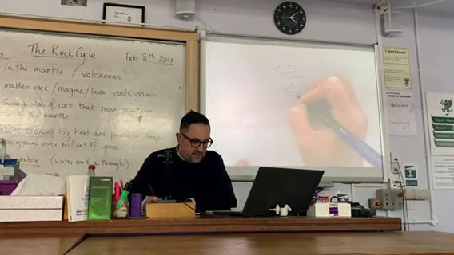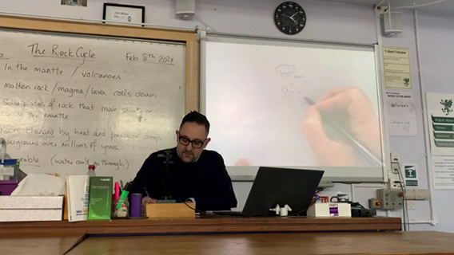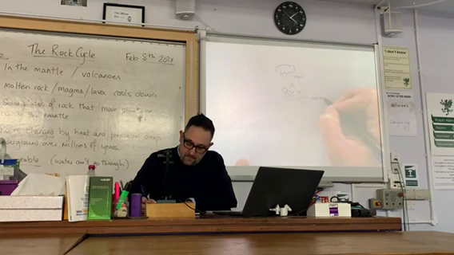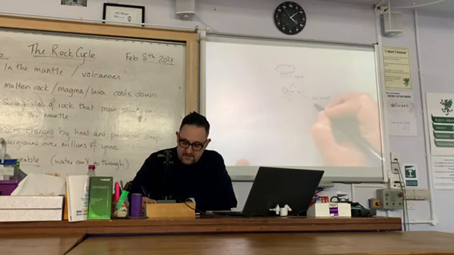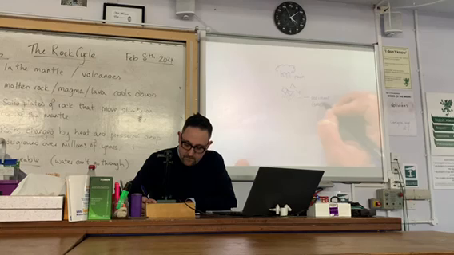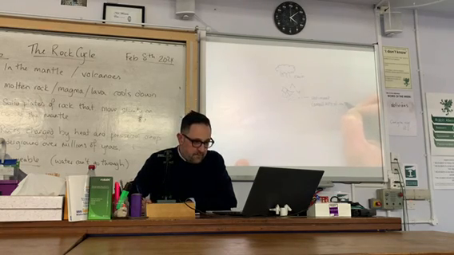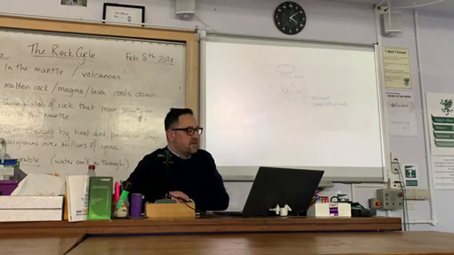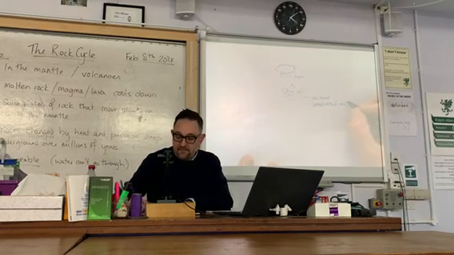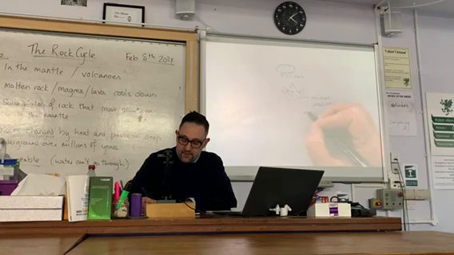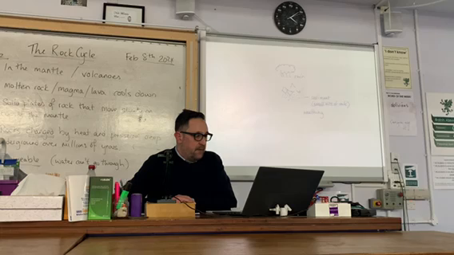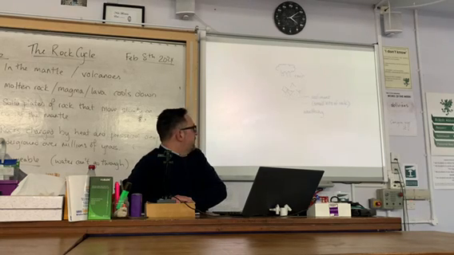We call this process weathering, and these small bits of rock we call sediment. Weathering is caused by wind and by rain, but also by plants and all sorts of other processes, sometimes biological, sometimes physical weathering.